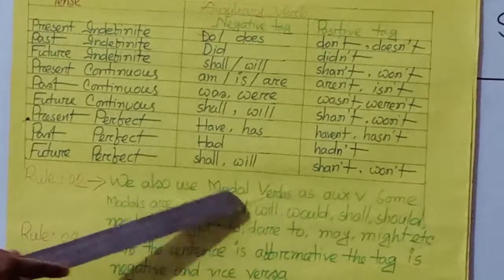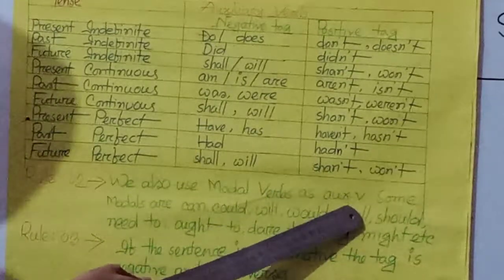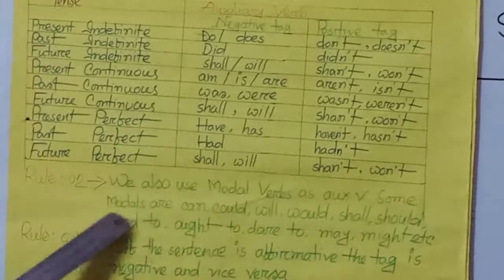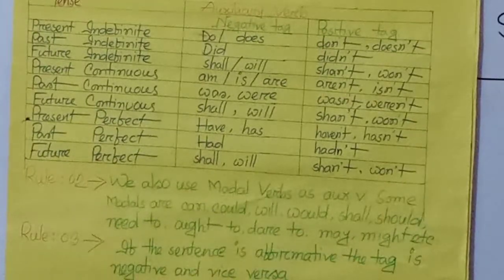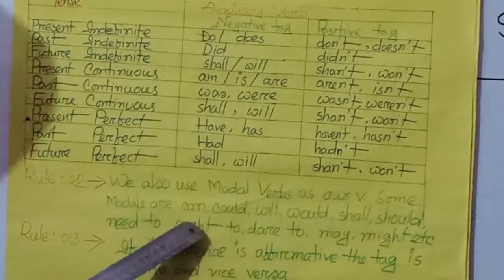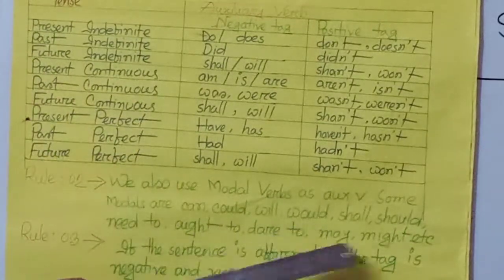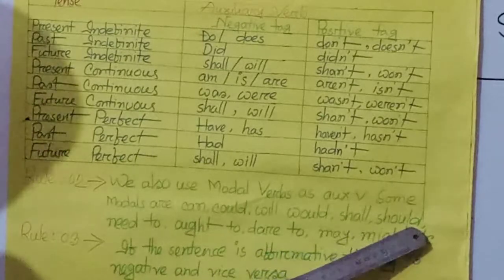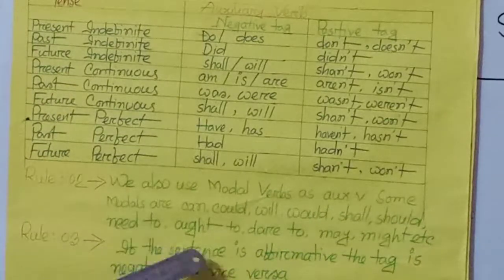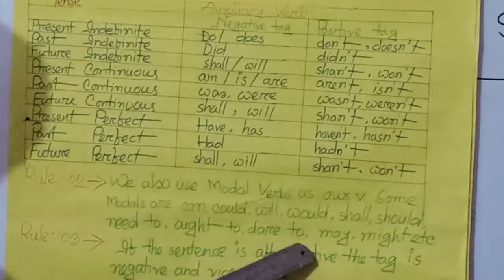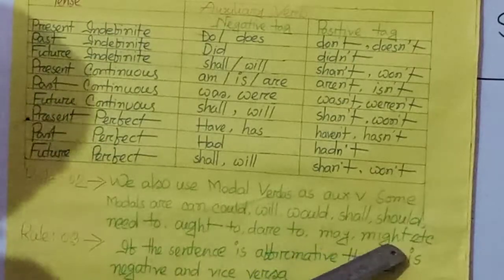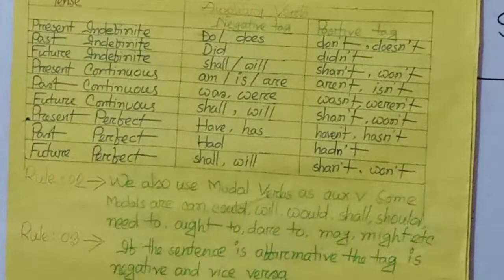We also use modal verbs as auxiliary verbs. Some modals are can, could, will, would, shall, should, need to, ought to, dare to, may, might, and so on.